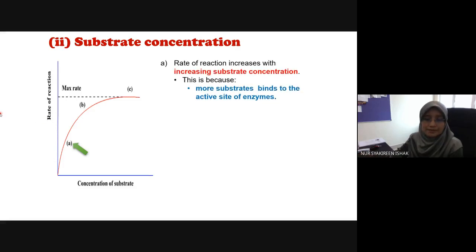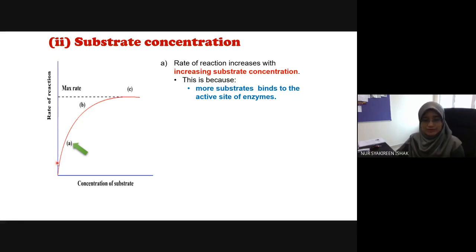So point A. As you see, the rate of reaction increases with increasing substrate concentration. This is because more substrate binds to the active site of the enzyme. This part of the graph shows the rate of reaction increases very fast, because you have plenty of enzyme to catalyze the substrate.